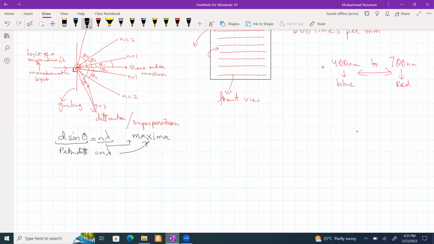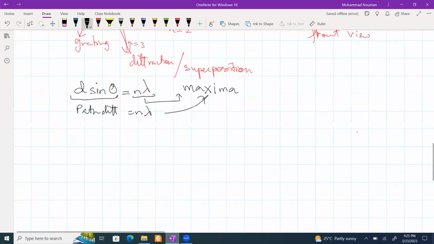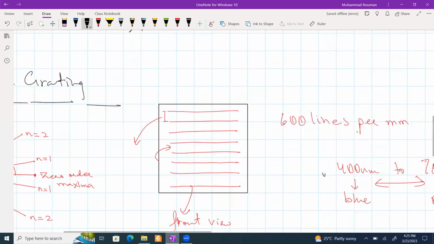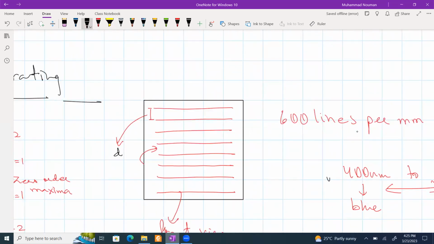Let me first explain what is d, what is theta, and what is n and lambda. D is simply the spacing, or one line spacing, you can say. If you remember, this is our d.